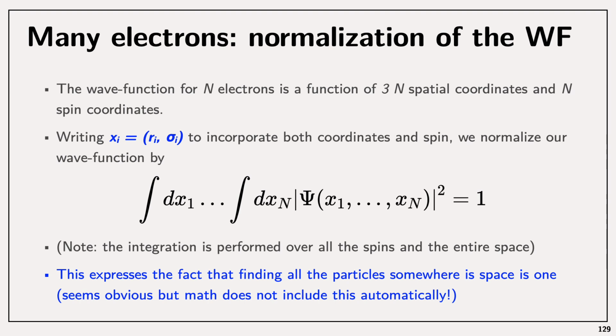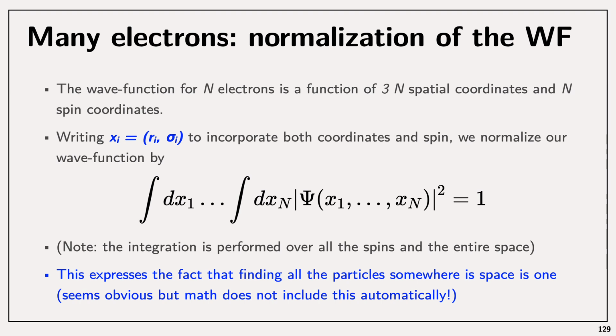That basically tells us that if we look all over the space, the probability of finding the electrons is 1. So we, of course, need to perform the integration over the x values, which incorporate both the position as well as the spin.